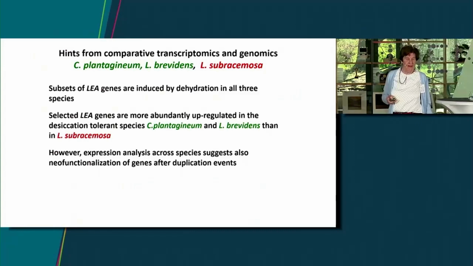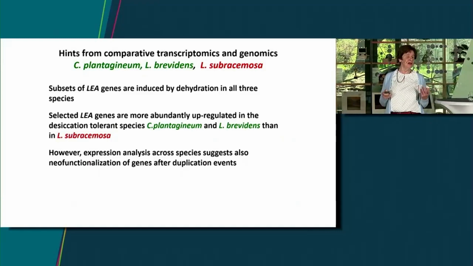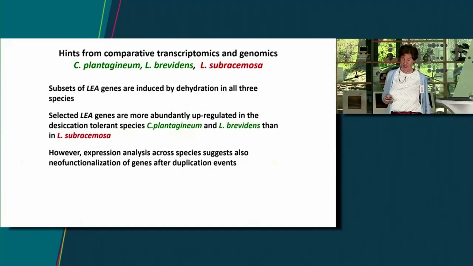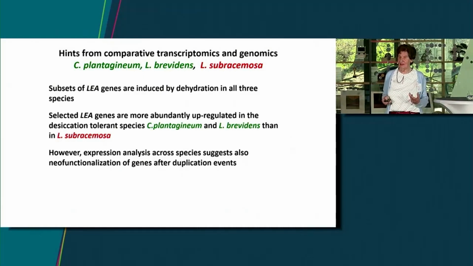And when we looked in more detail even at these subclasses, which seem at first glance to be common, we also find that they are not always identical. The expression analysis across these different species suggests that during evolution there has also been a neofunctionalization of the genes after duplication events.